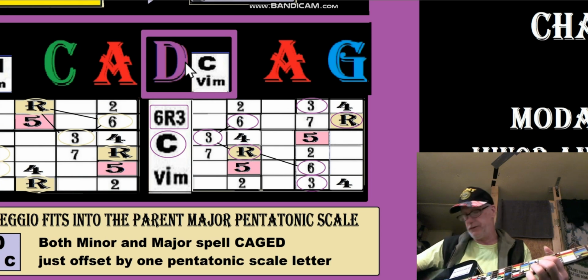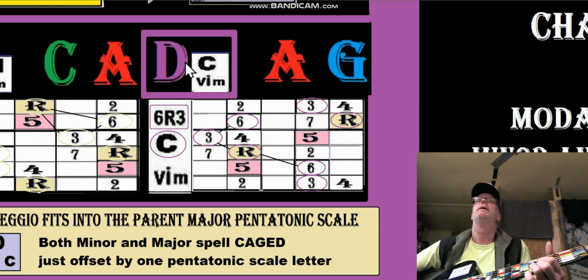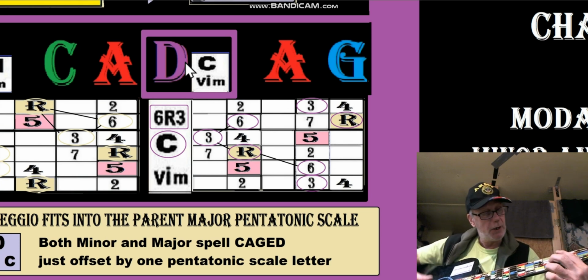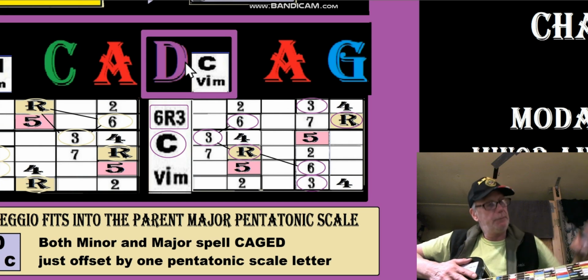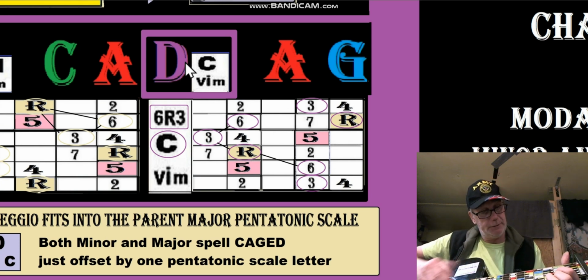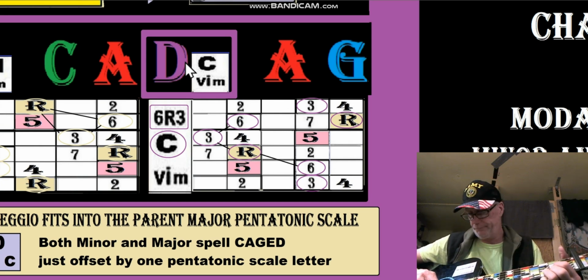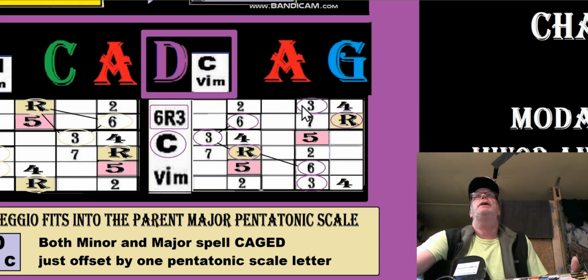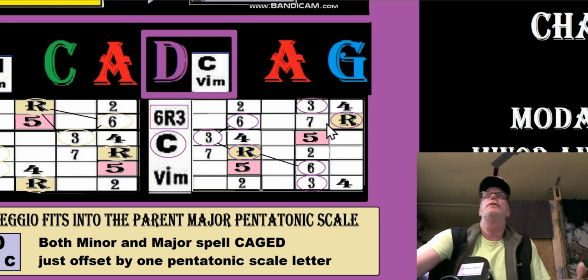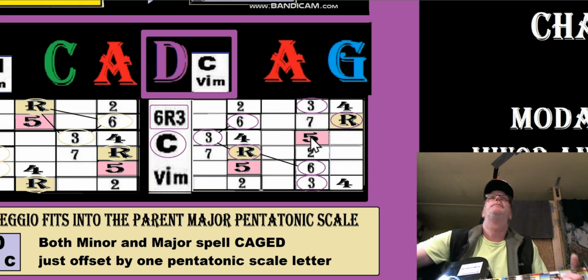Here's the D shape, because I can get this since I'm down tuned a little bit. I would have to bar that way down there. So there's your D shape. This is lesser played chords. Here's your D shape root up there.